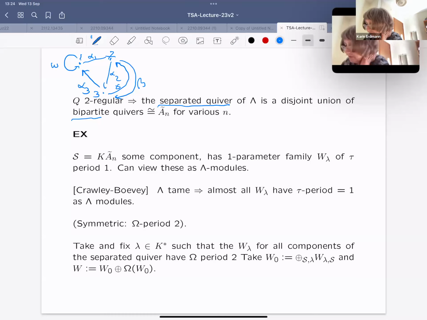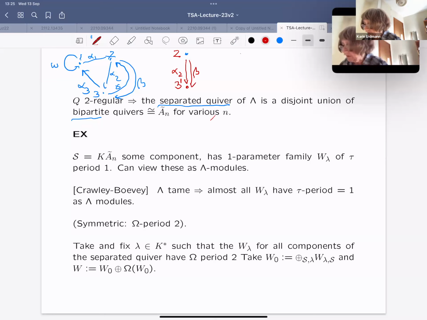You take each vertex, and you take another copy of that, and you draw arrows here. So if I take 2 here, then I have arrows from 2 to 3, but I call this one 3 dashed because it's a separated quiver. So I have two arrows going here. There's alpha 2 and beta here. So this would be one of the components of the separated quiver.